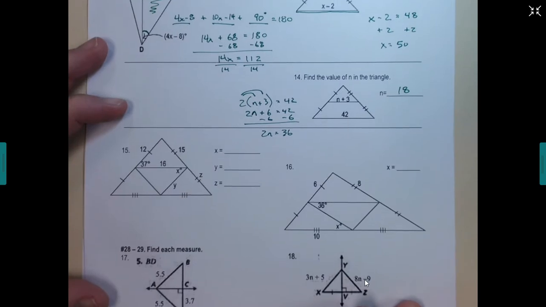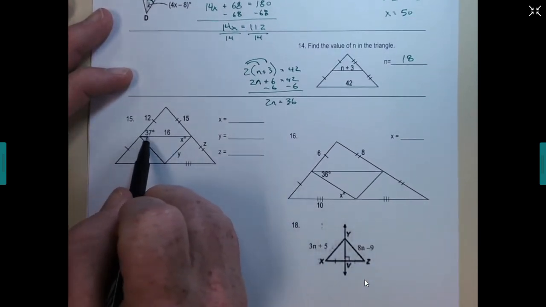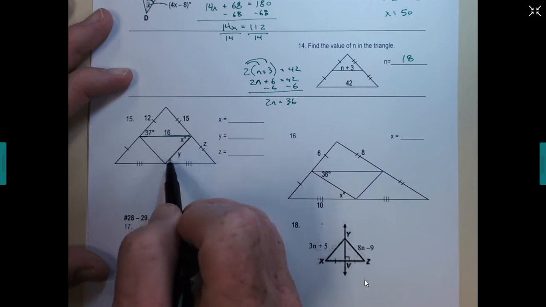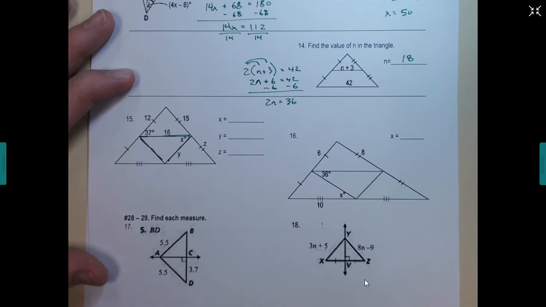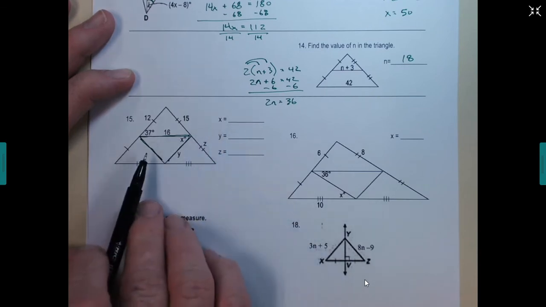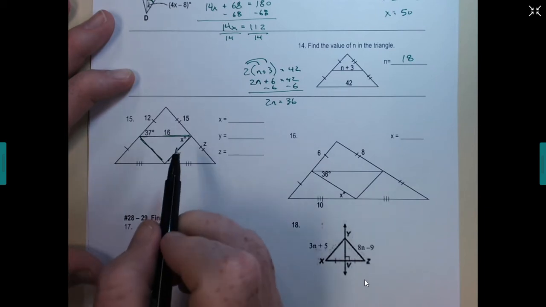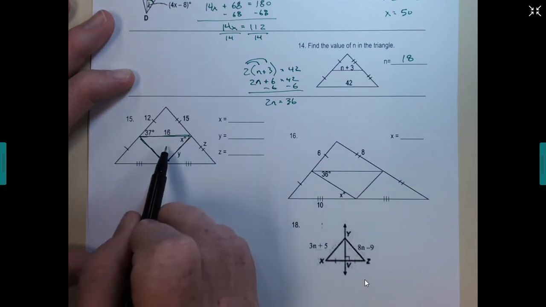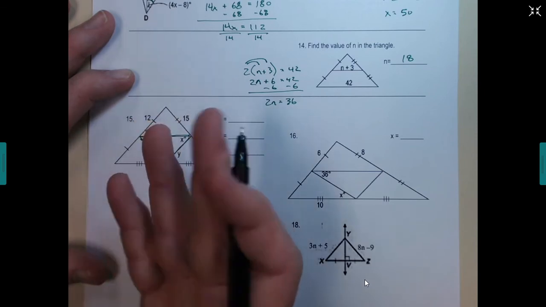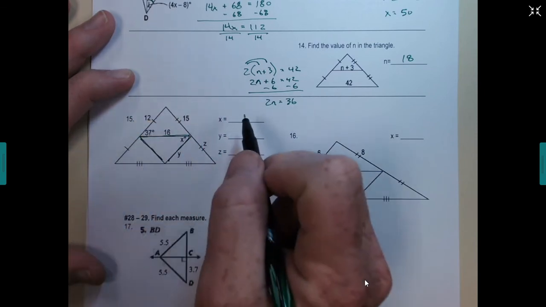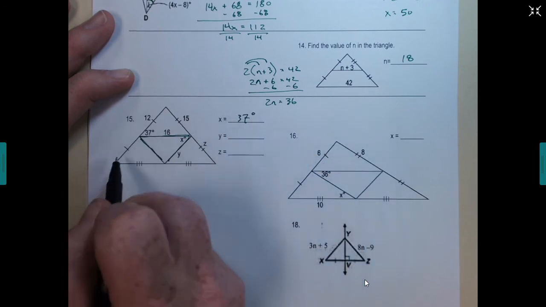So here comes my third mid-segment problem, but this time we have not just one mid-segment, but all three possible mid-segments. So if we want to find x, the best part is all four of these triangles are the exact same, and this triangle in the middle here has been flipped horizontally and vertically, so it's going to be the same degree measure as this angle here.